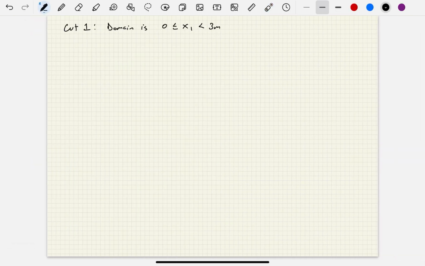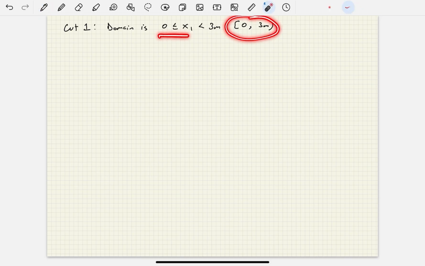And we're not going to have the equal sign here. So it's 0 less than or equal to x1, but strictly less than 3 meters. And if you like interval notation from mathematics, you could write this as bracket 0, comma 3 meters parentheses. So this is just another way of writing this same domain.